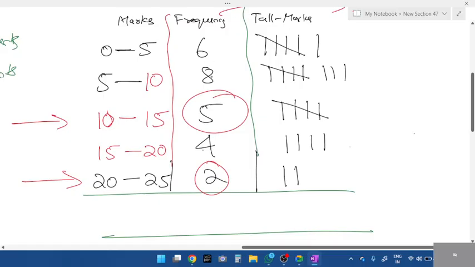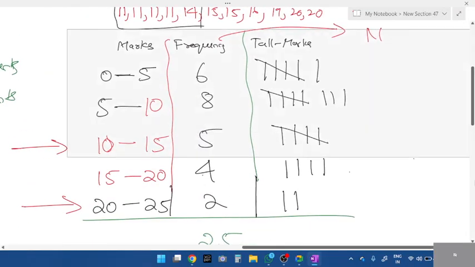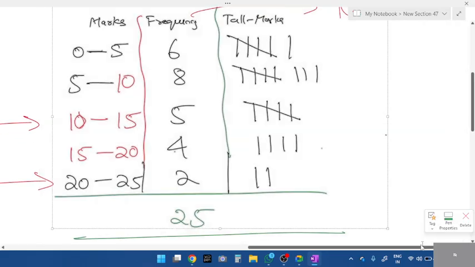What is 6 plus 8? 14. 14 plus 5? 19. 19 plus 4? 23. Plus 2? Total, how many students are there? 25. Okay, out of 25 students, this is how you split the marks. This is known as a frequency distribution table.